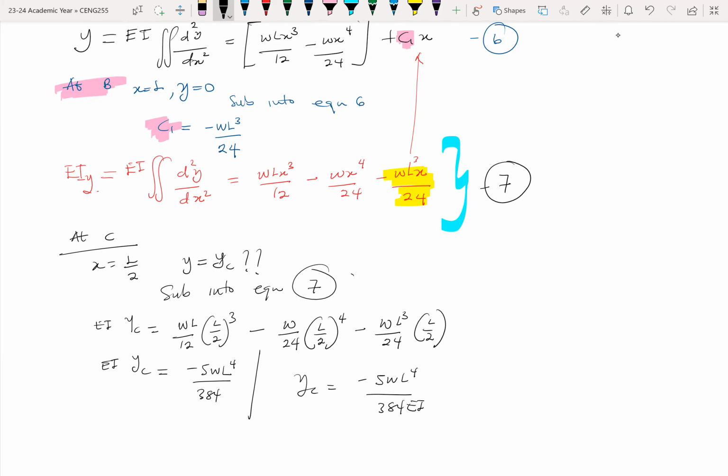You'll see this equation first in reinforced concrete design, steel design, timber design, any design related course you come across. This is the equation to find the maximum deflection of a simply supported beam which has a UDL acting on it. So minus 5 WL exponent 4 over 384 EI. Okay, you come across it later.